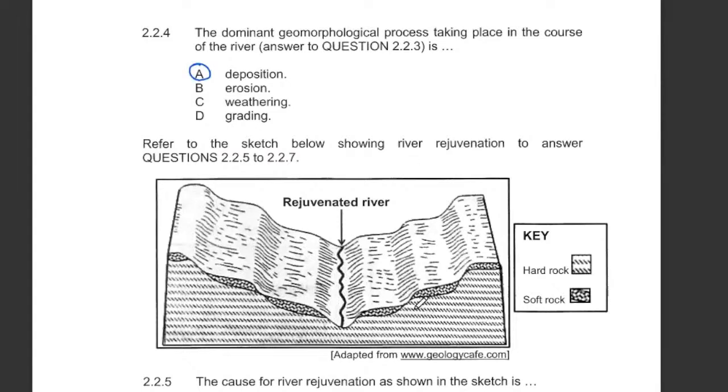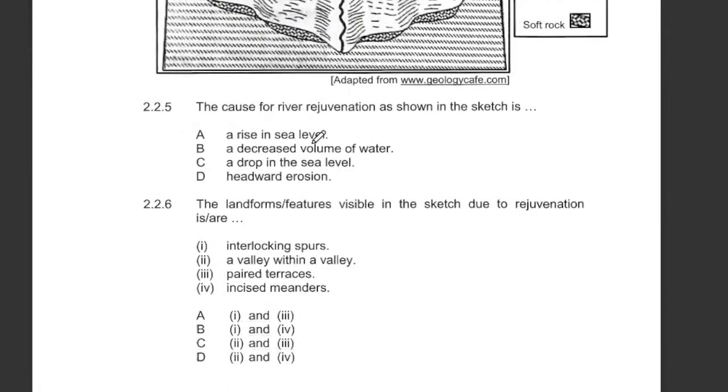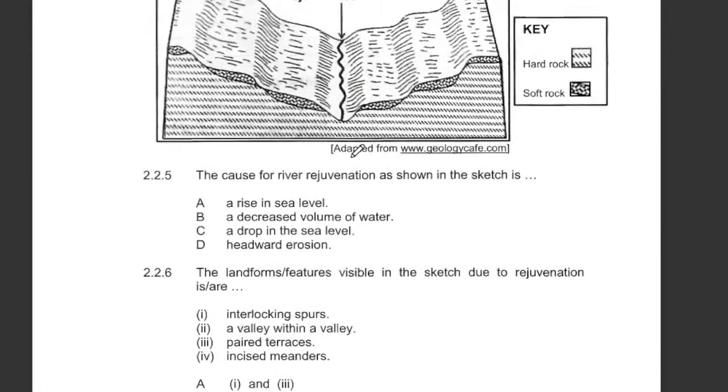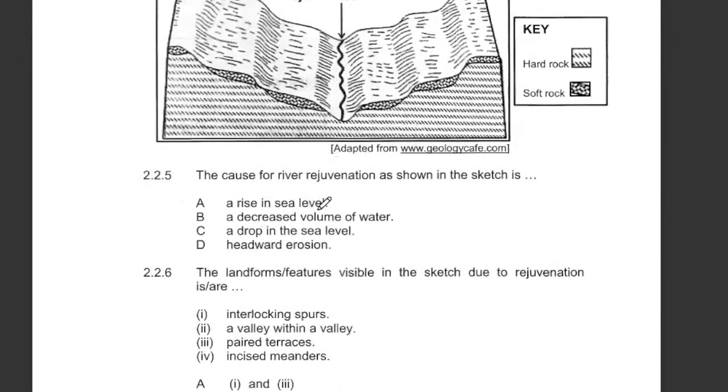Now, for the next one. The cause of river rejuvenation shown in this sketch is what? So when you check here, a rise in sea level is wrong. A decrease in the volume of water can't cause a drop in sea level, then headward erosion. So the answer becomes C.